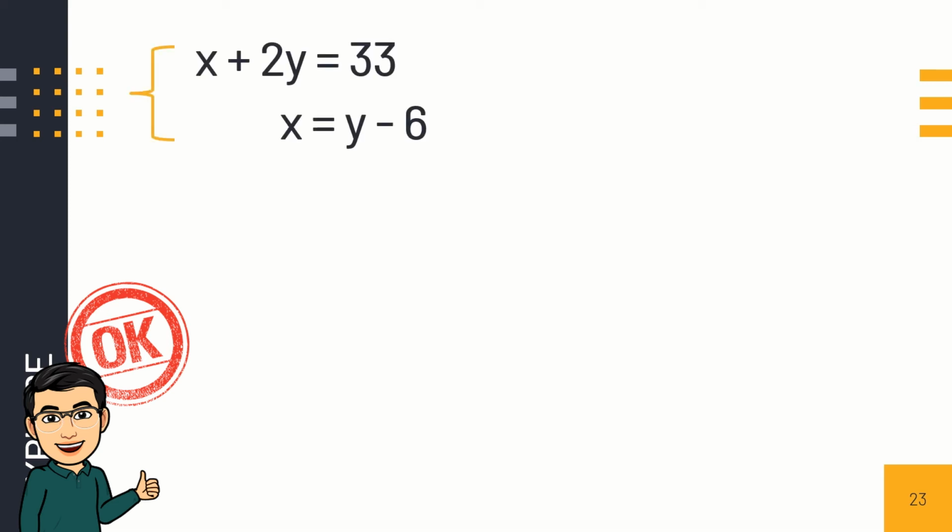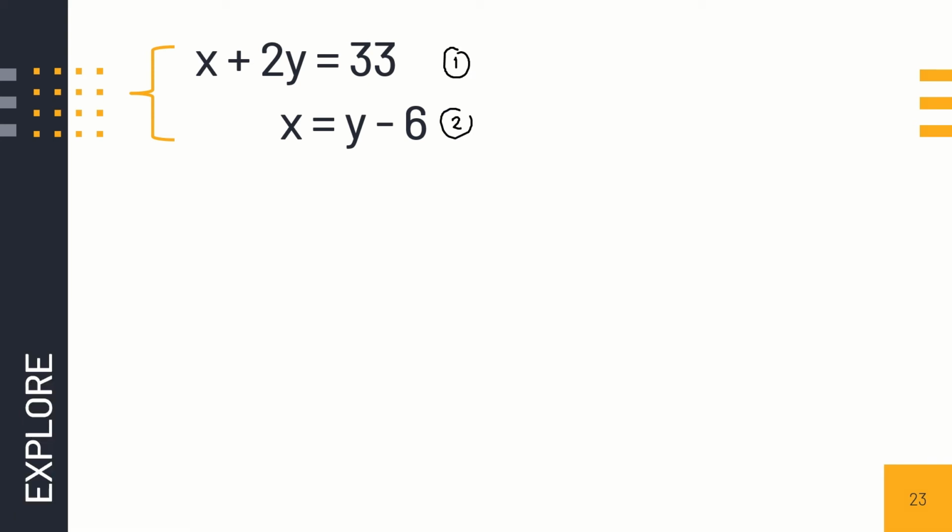So if we have x plus 2y equals 33, it will be our equation 1, and x equals y minus 6 will be our equation 2. Let's use the substitution method.